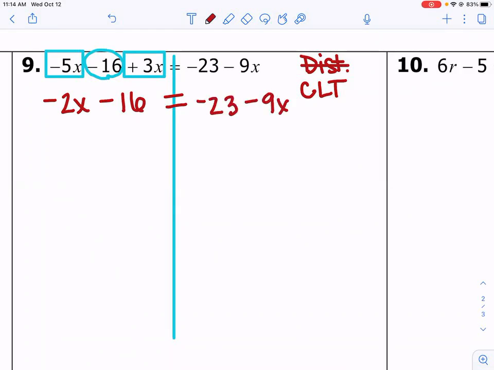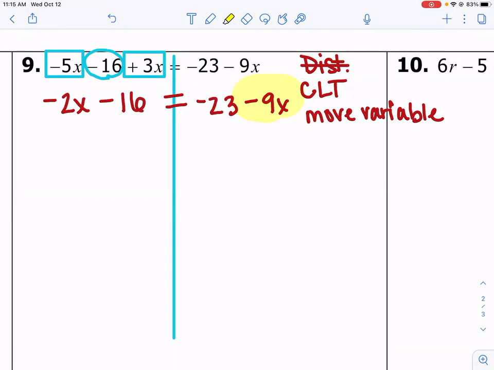Now I have a variable term on the left and a variable term on the right. So we need to move our variable. Okay. I like to move it to the left side to help you out. So here is my variable term right there.